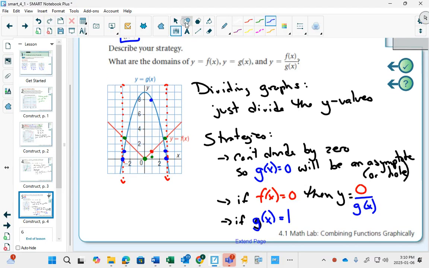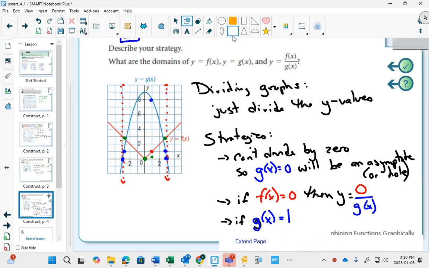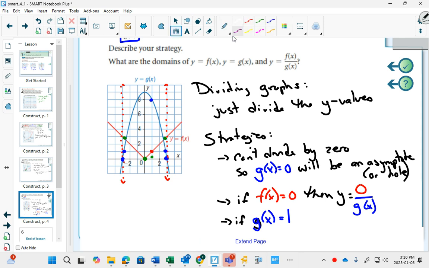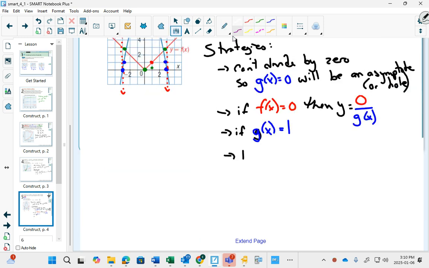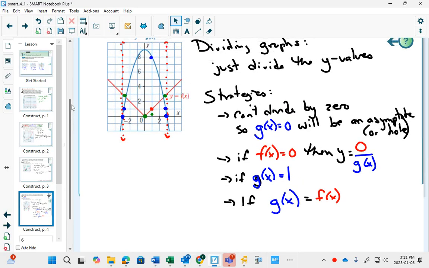And the last one that's really nice strategy-wise, if the two graphs are the same, I'm going to label that on my graph in purple.